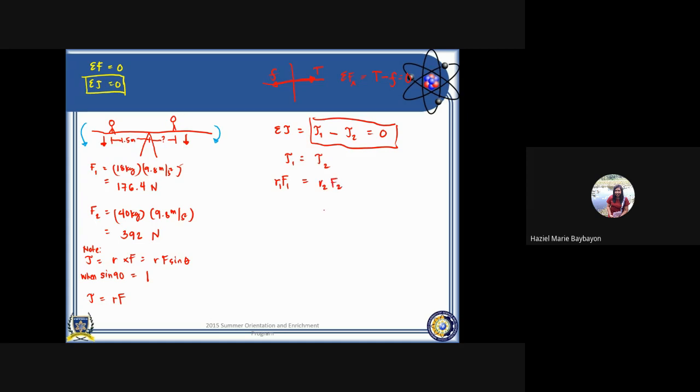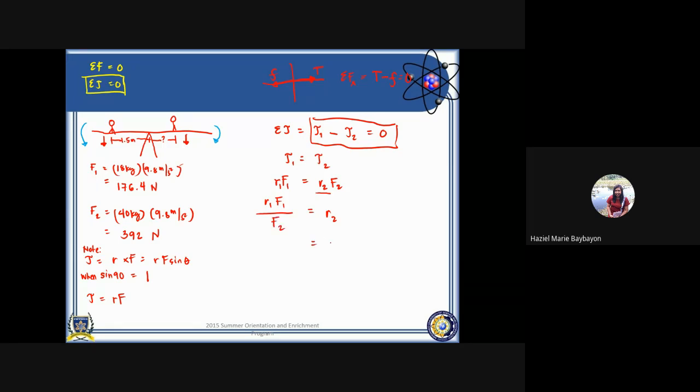What we need to find is R2, the location of the mother from the pivot point. R2 is equal to R1 multiplied by F1 divided by F2.